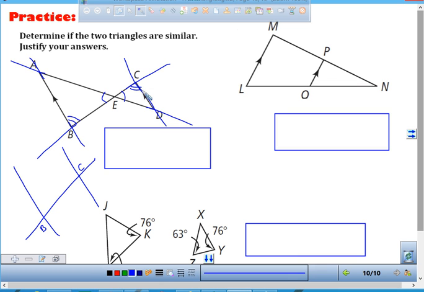Those are alternate interior angles. We're looking at this angle here, and we're looking at this angle here. Those are alternate interior angles. And what do you know about alternate interior angles? They're congruent. Okay? So did I find two pairs of congruent angles? Yes, we did. Okay? You can say angle-angle similarity. So we found two pairs of congruent angles.